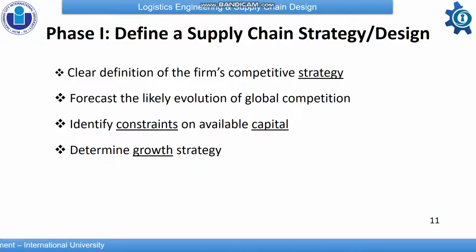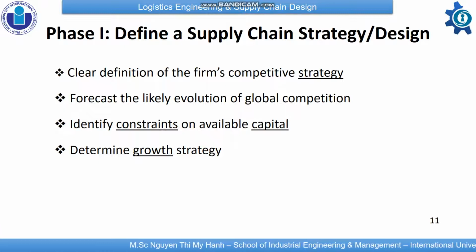What are the customer requirements for the supply chain to satisfy? Based on those requirements of the customers, the supply chain strategy will specify what capabilities the supply chain network must have to satisfy those requirements.